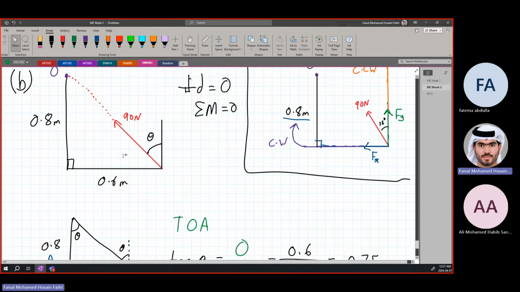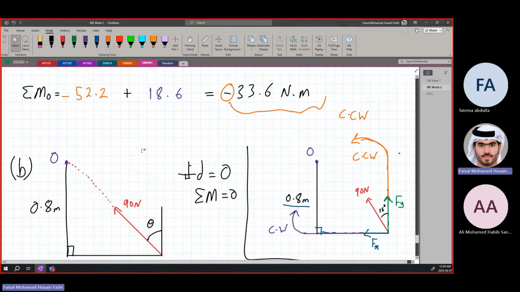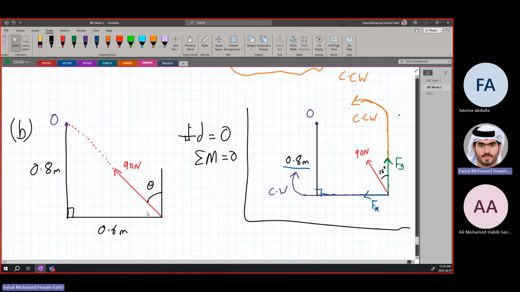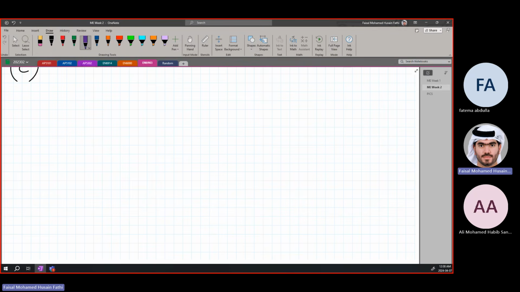Okay? For part C, they're asking for the maximum moment. The maximum moment is very simple. It is when the entire force is exactly perpendicular to O. So this is point O. If I redraw this again, it's something like this.